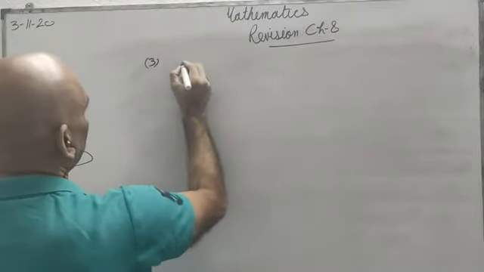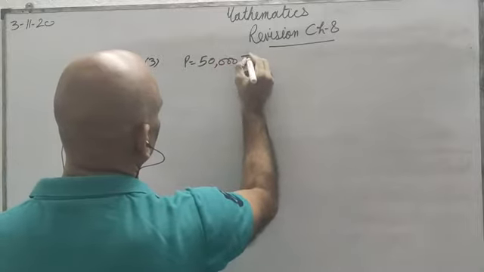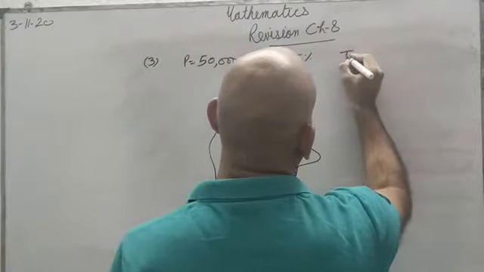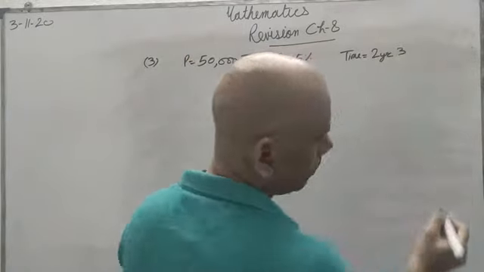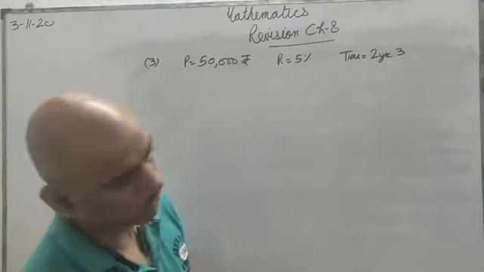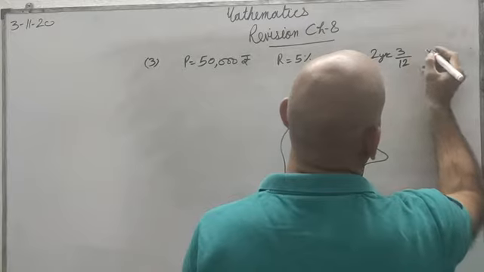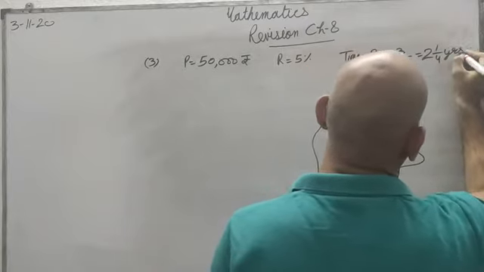So question number 3. Principal is 50,000 rupees. Rate is 5%. Time is 2 years, 3 months. 3 months will be converted into year. So I got 2 and 1 by 4 years.